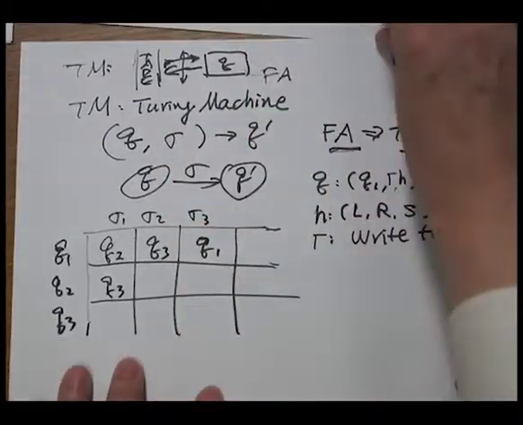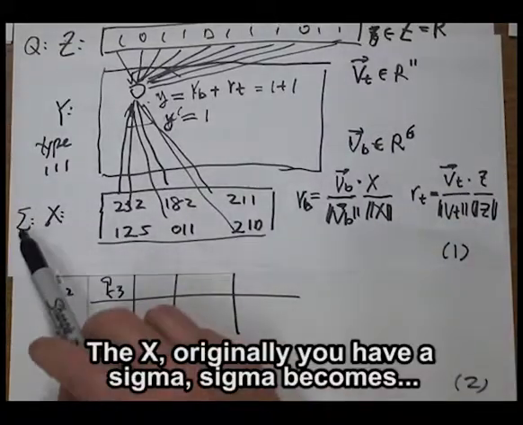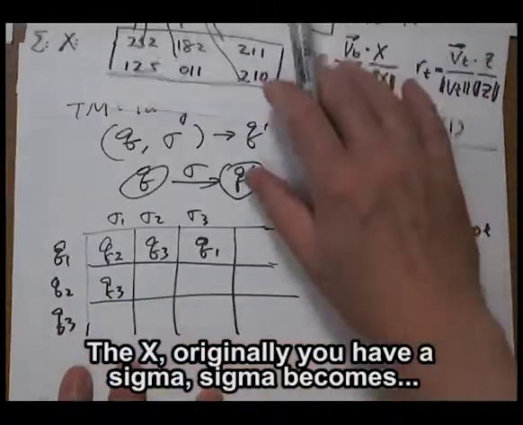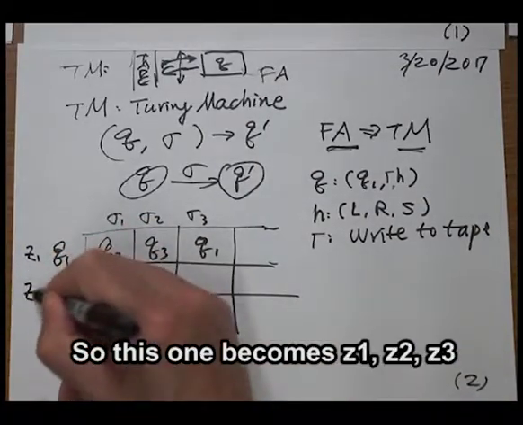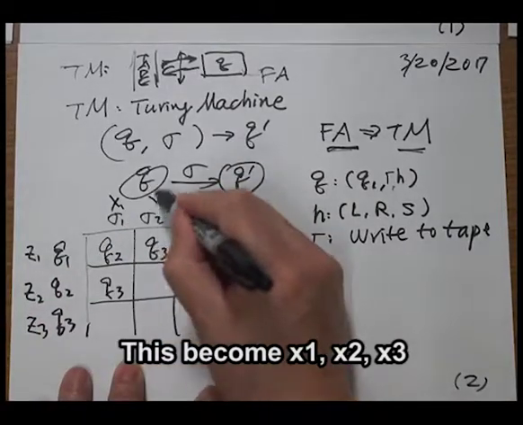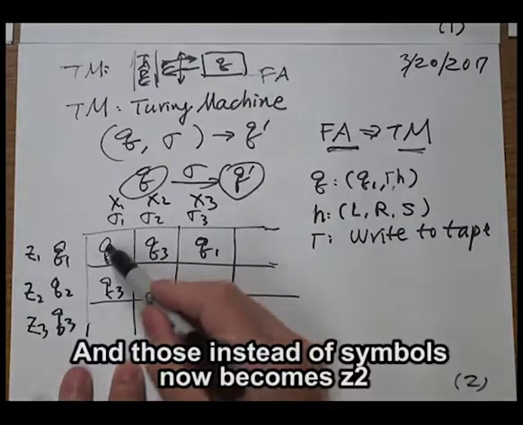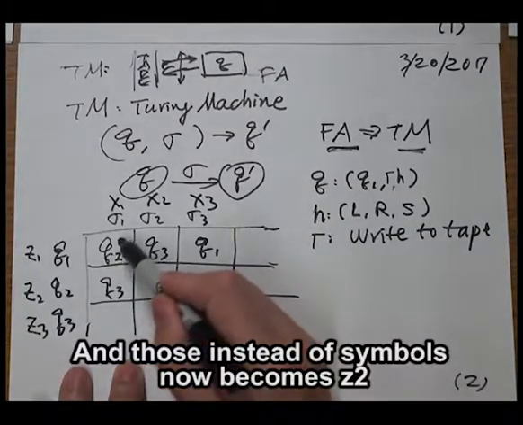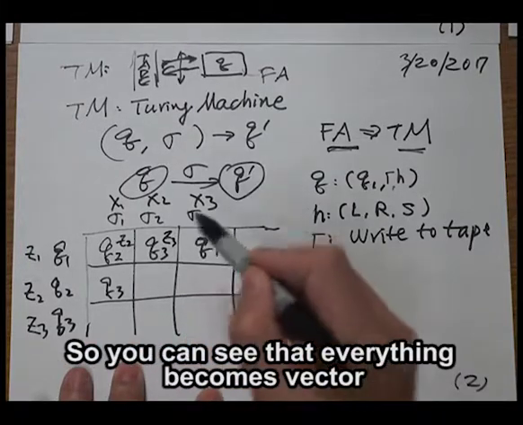The sigma becomes Z1, Z2, Z3, and this becomes X1, X2, X3. Those, instead of symbols, now become Z2, for example. So you can see that everything becomes vectors now.